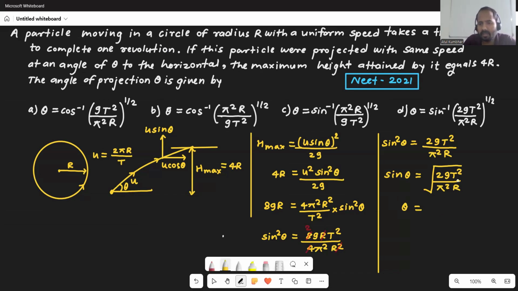The square root is nothing but the index of half, right? So we can write sine inverse of the bracket 2g t square divided by pi square r, raised to half. So that is your answer.